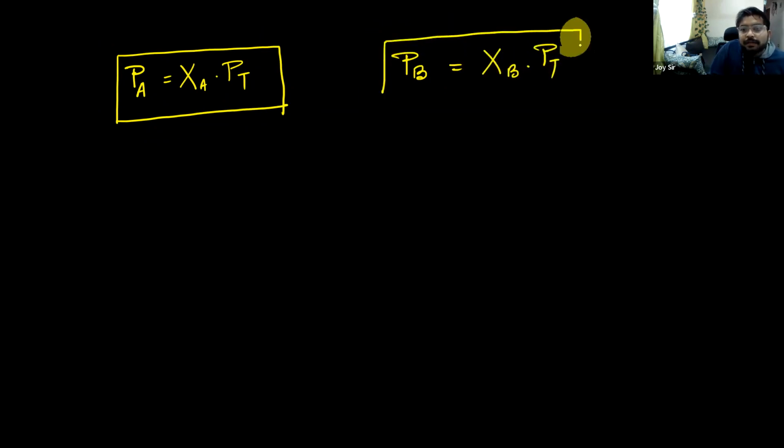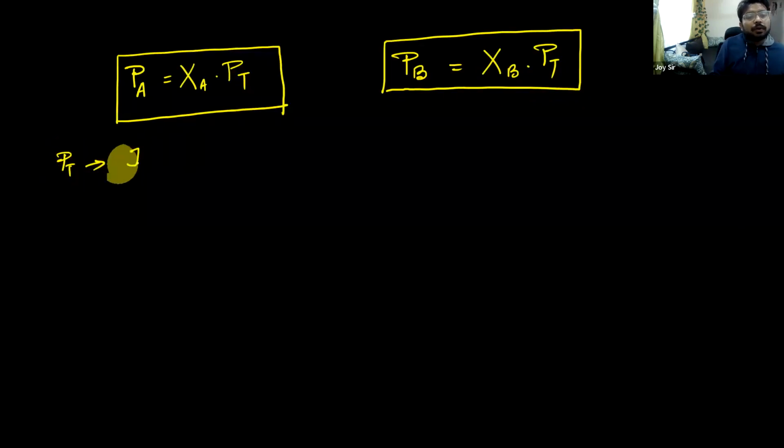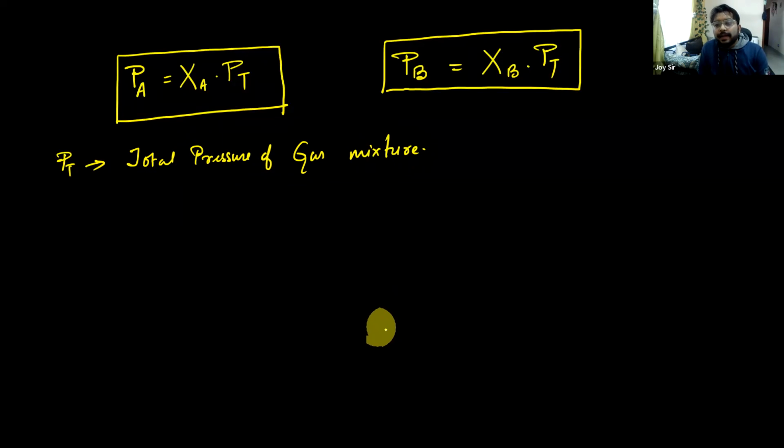You can find partial pressure of gas A in this way also. You can write partial pressure of B is equal to mole fraction of B into total pressure of the gas mixture. What is PT? PT is total pressure of gas mixture. ठीक है, total pressure of gas mixture PT.